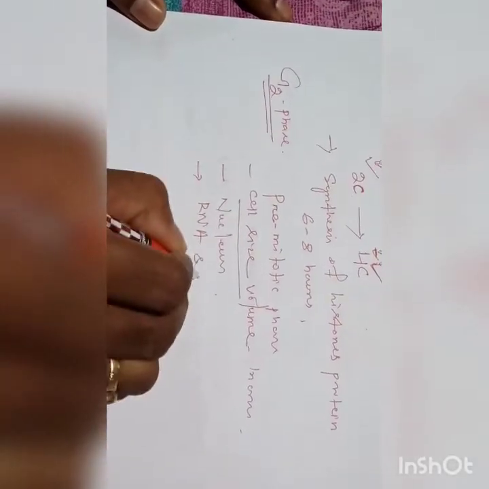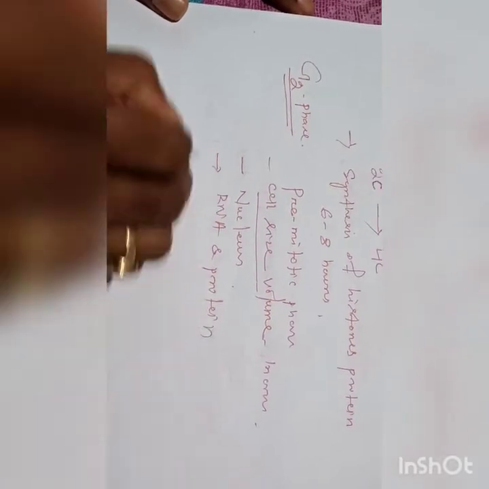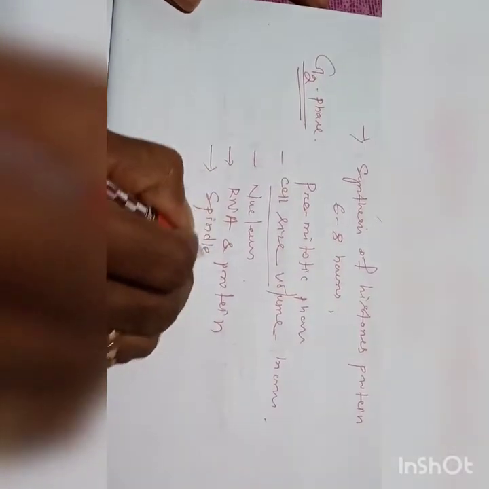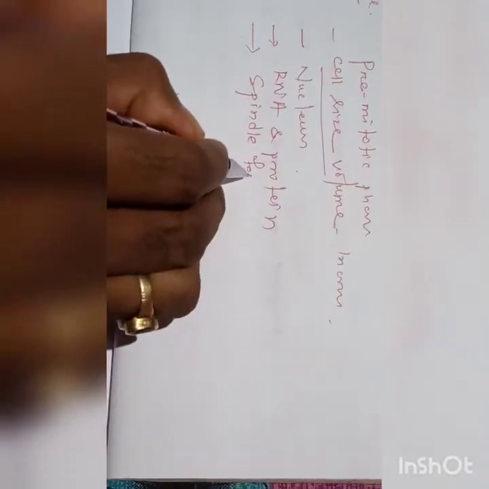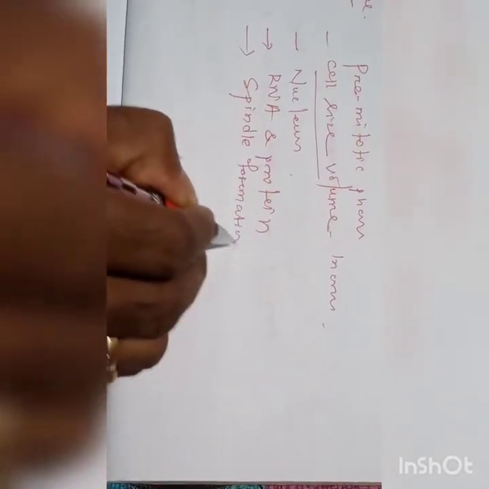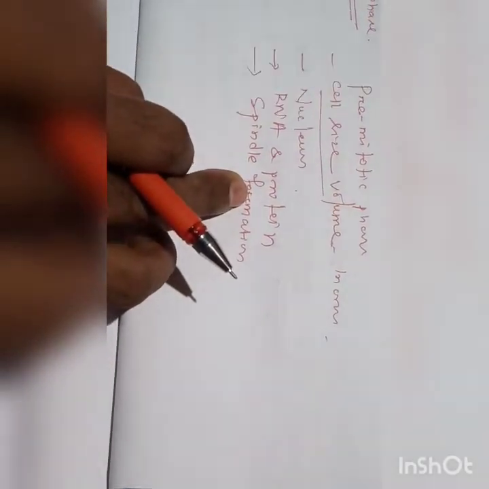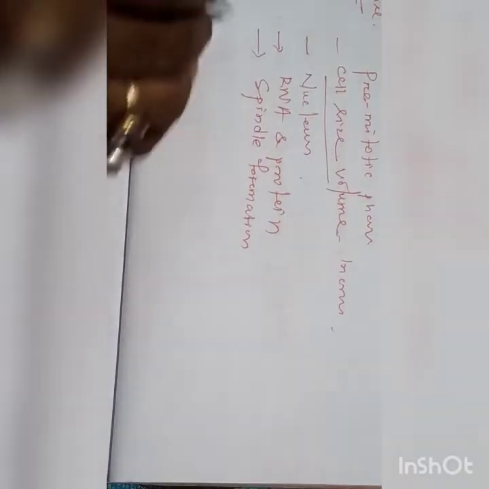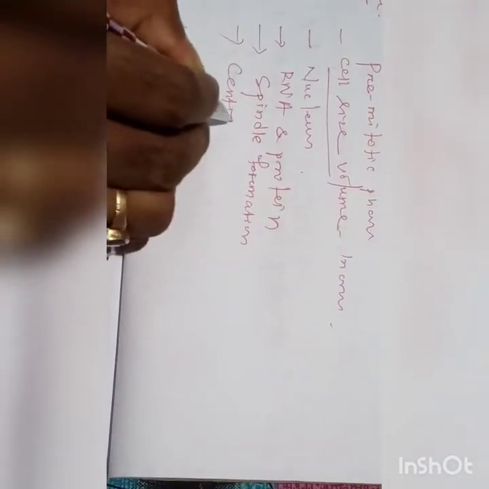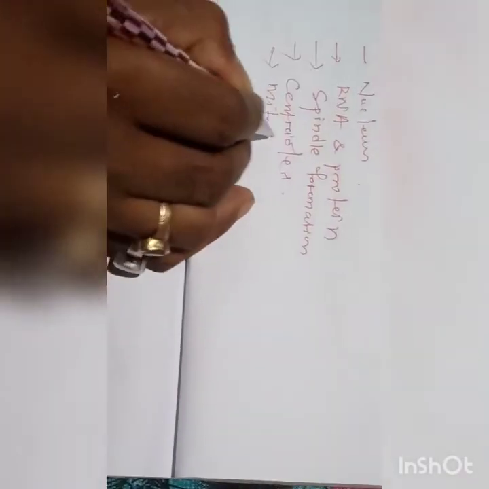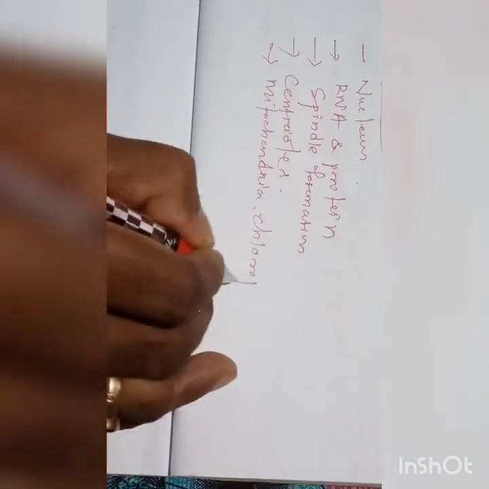And also there is synthesis of RNA and proteins, and synthesis of some other biochemicals for spindle formation. The spindles are required in the mitotic phase, and the organelles like centrioles are also doubled, and mitochondria and chloroplasts also divide.